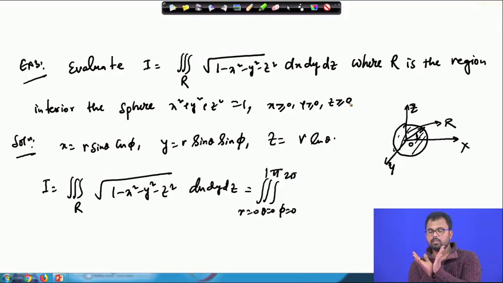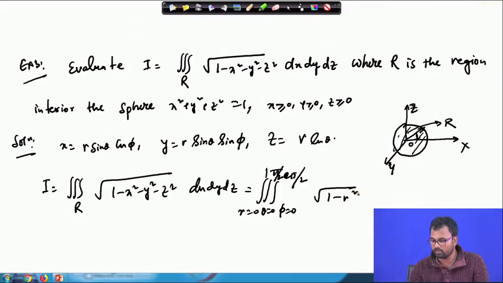Then we are actually in the first quadrant, and for the first quadrant we can have theta running from 0 to pi by 2, and phi again from 0 to pi by 2, whereas r runs from 0 to 1, and then this will be square root of 1 minus r square, dx dy, Jacobian J dr d theta d phi.